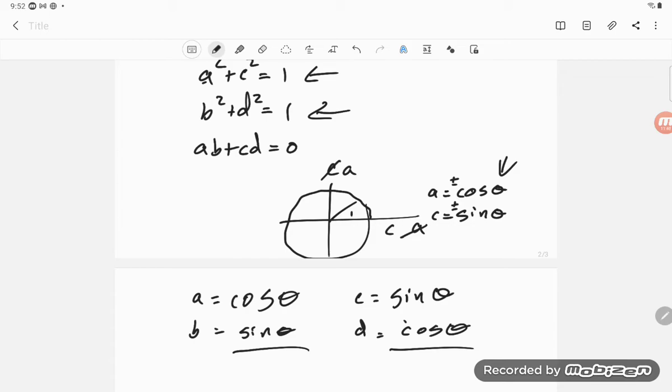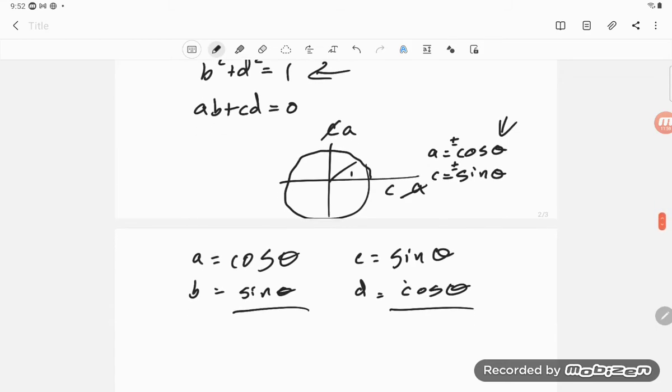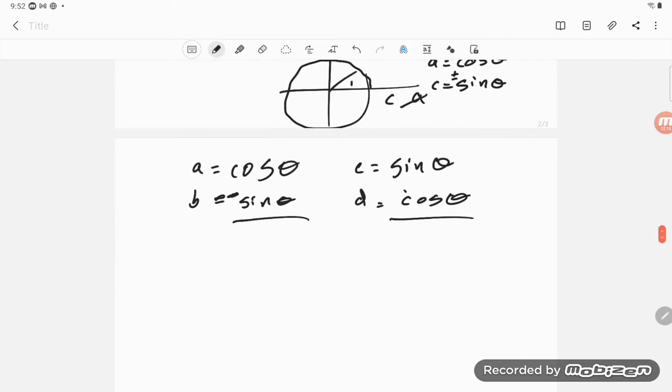Or I could have done B as the cosine and D as the sine. But now then C times D has to be the negative of A times B. And so that's where we could try some different things. For instance, we can put the negative here on the B.